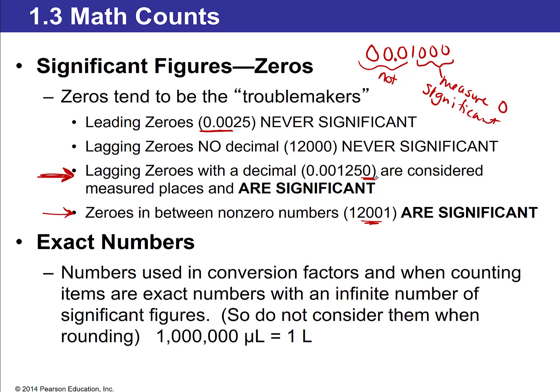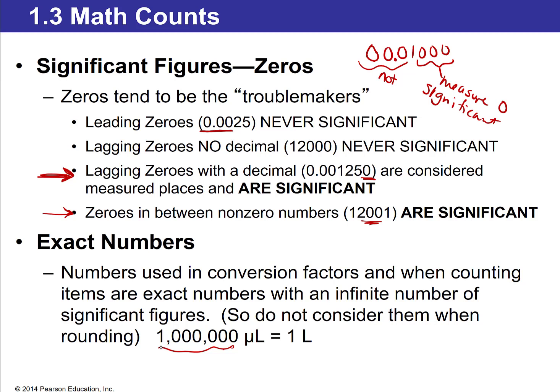Now, when you do unit conversions, the numbers you start with and the numbers you end with, the conversion factors, are considered exact numbers, so they just stay. We'll talk about rounding, but with unit conversions, that number is considered exact, and you don't consider it when figuring out which numbers are significant. 1,000,000 microliters is 1 liter.